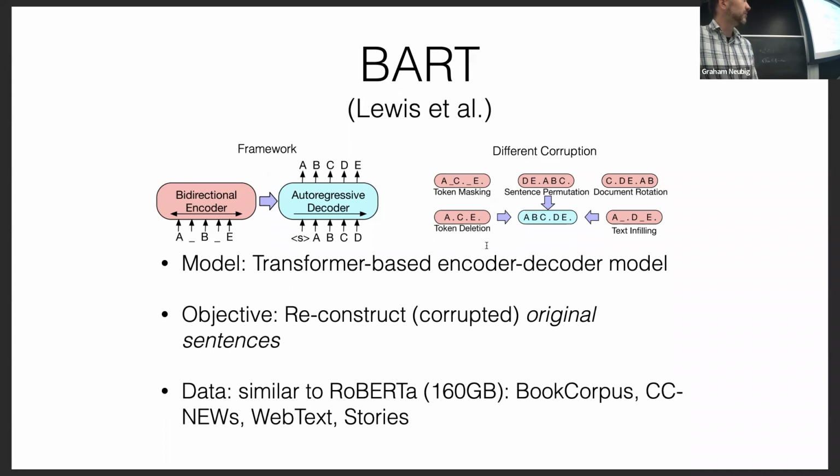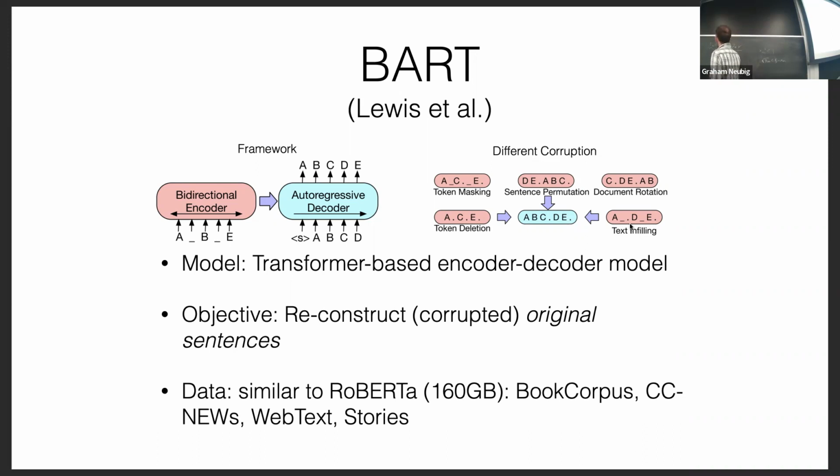I guess token masking and token deletion are similar. Text infilling allows you to infill text. So for example, let's say we had, "I will ... today." If you had something like BERT that was only masking out individual tokens, then BERT would only be able to predict, like, I will eat today, I will run today, I will sit today, or something like that.